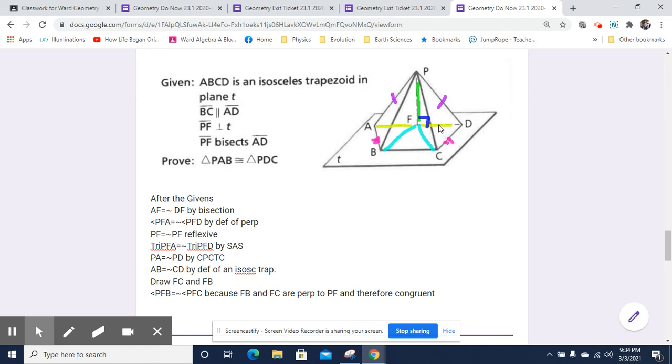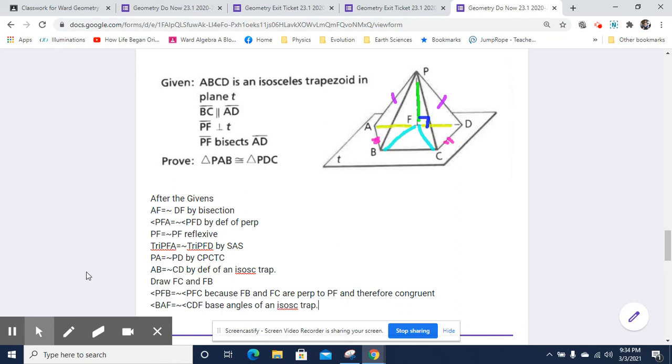Now we know that these angles, so actually let's deal with that. Angle BAF, did I already deal with that? No, I have not. Angle BAF is congruent to angle CDF, base angles of an isosceles trapezoid.